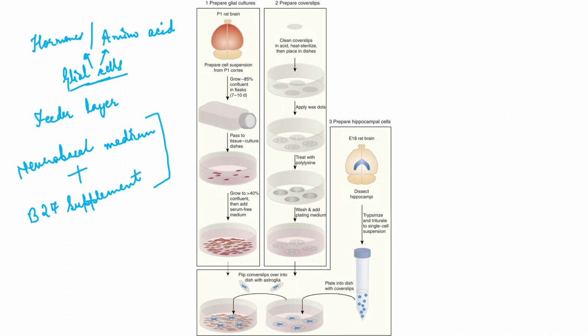And then we have our neurobasal medium, B27 supplement. Glutamax is also added, about which we discussed just now. So all these are going to provide the important factors which are required for the growth of your neuronal cells. Okay.